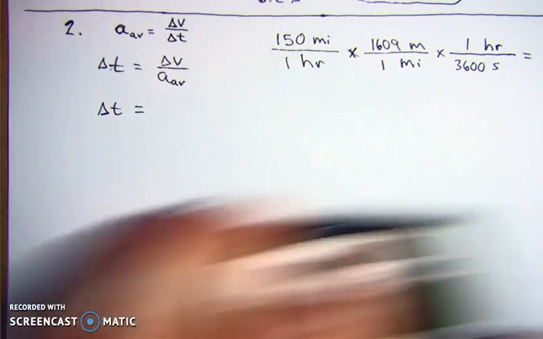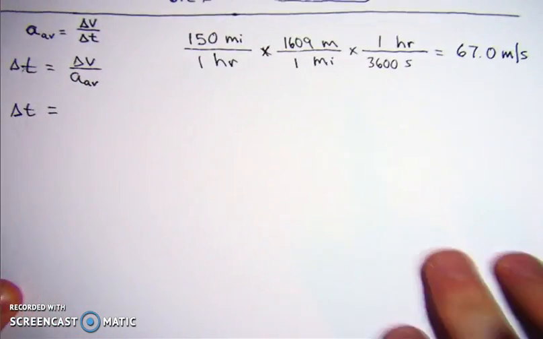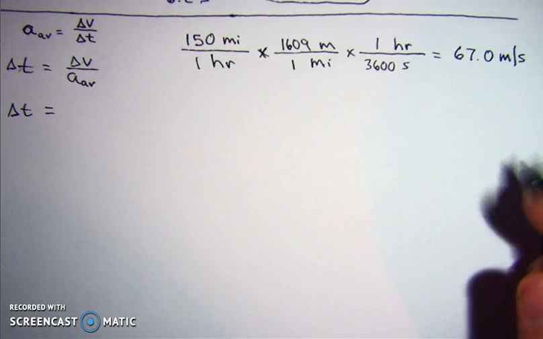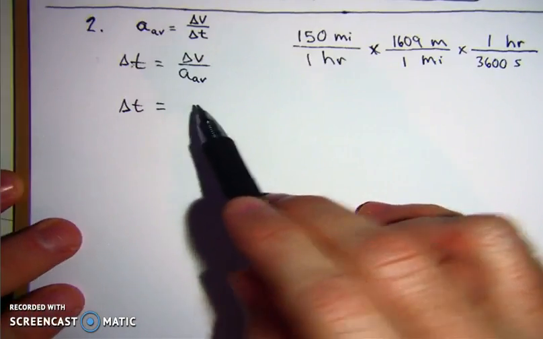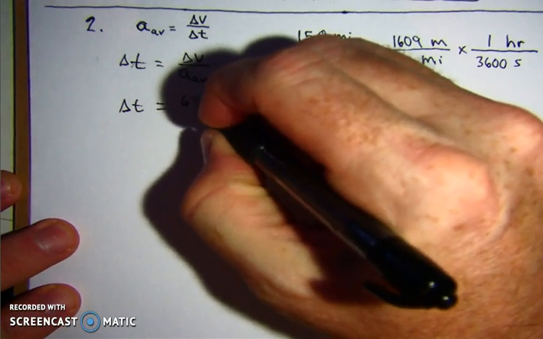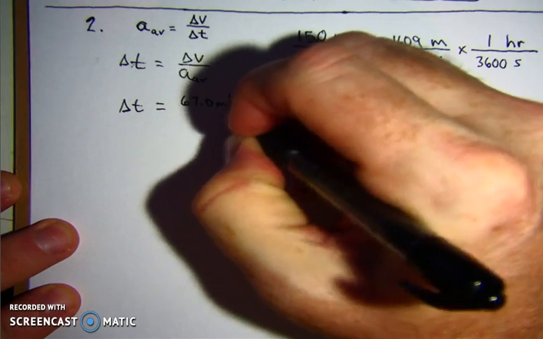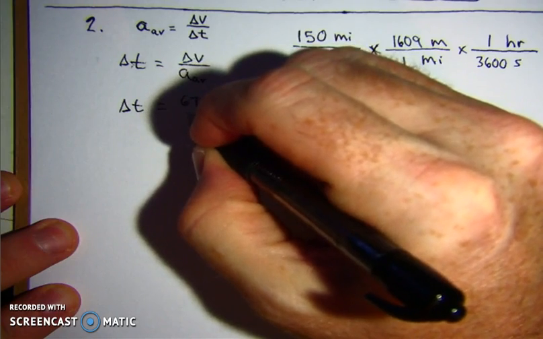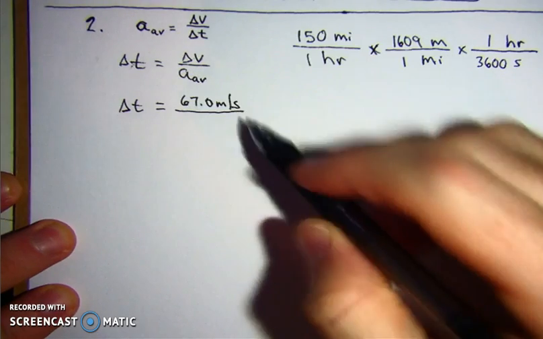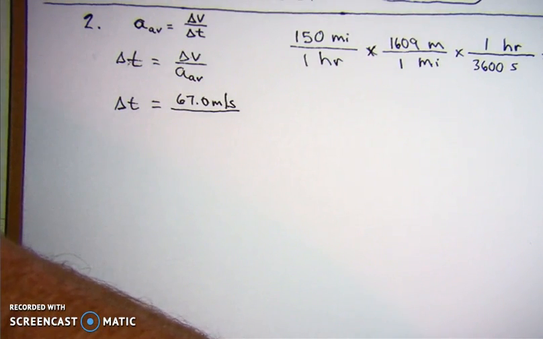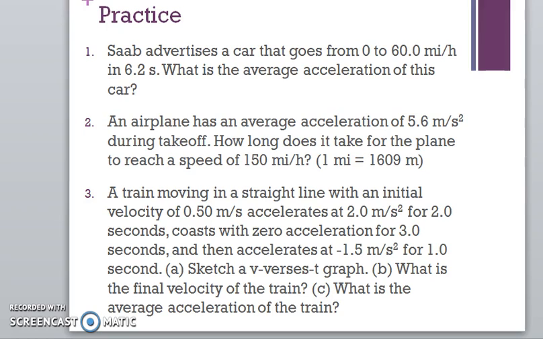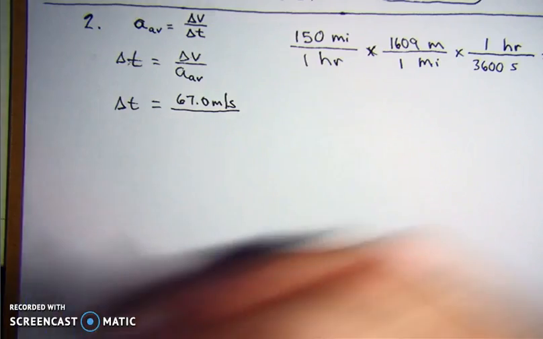That would be our velocity. So I'm going to plug that in right here, 67.0 meters per second. And we're going to plug in our average acceleration, which was 5.6 meters per second squared.